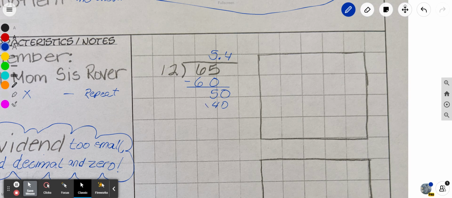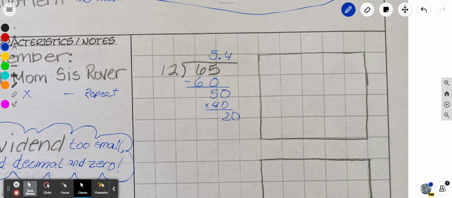That was my multiplication. And then I'm going to do my subtraction. Now 12 does not go into 2, so my dividend is too small. I already added a decimal here, and I'm not going to add another decimal into my number. So from this point on, I can just add the 0 part of that direction.